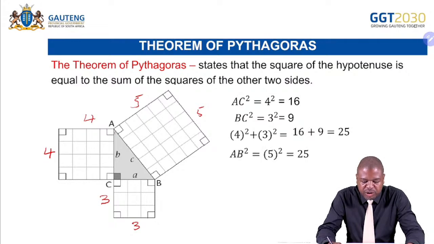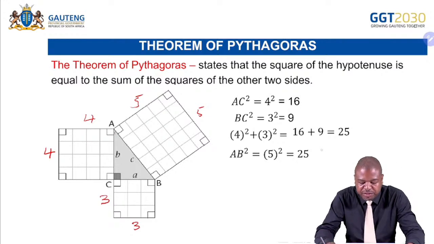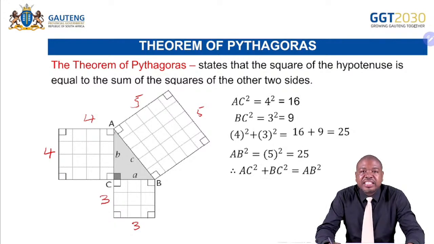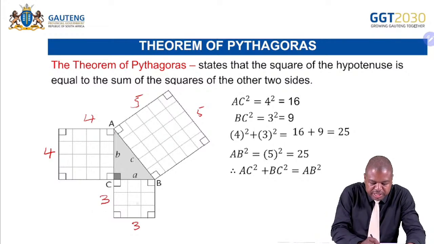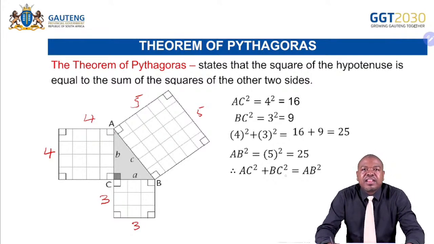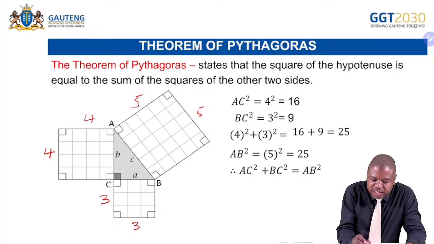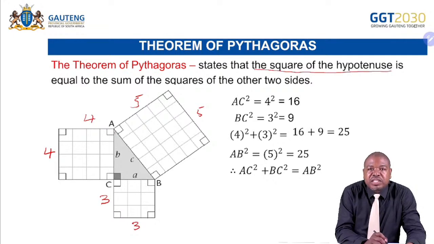If we calculate the area of the square of the hypotenuse, which is the side opposite the right angle, it will be 5 squared, which is equal to 25. And what can we say? We can conclude that indeed AC squared plus BC squared is equal to AB squared. And that is what we call the theorem of Pythagoras, which states that the square of the hypotenuse is equal to the sum of the squares of the other two sides.